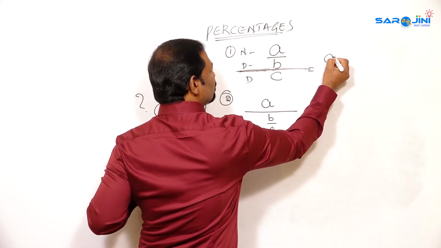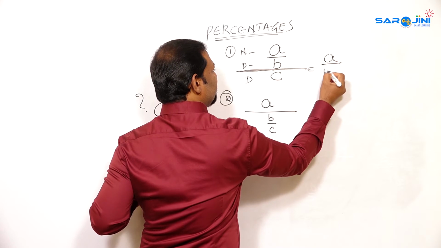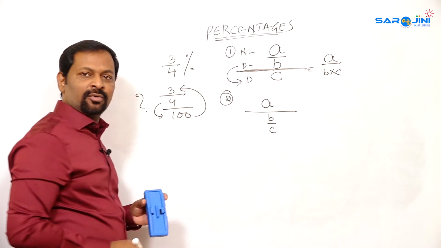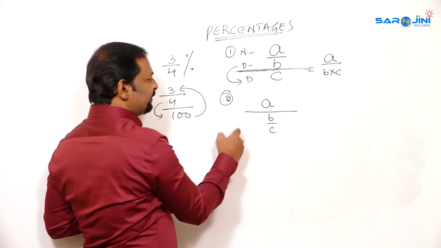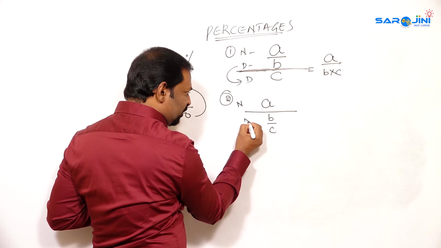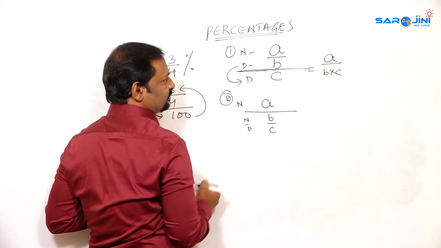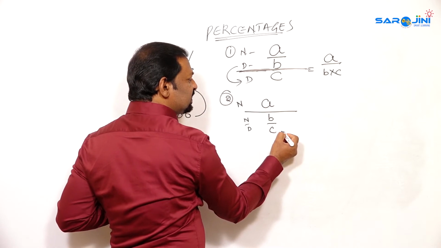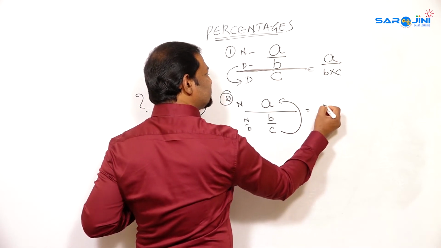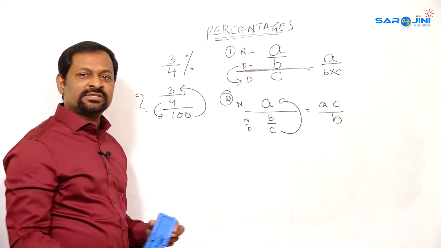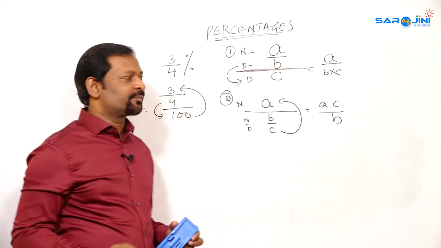Whenever it is like this, you can write A by B into C. This denominator and this denominator will come down. Similarly, here is a numerator with no denominator, and again here a numerator and a denominator. Whenever you find it like this, this part will go up, that is AC by B.